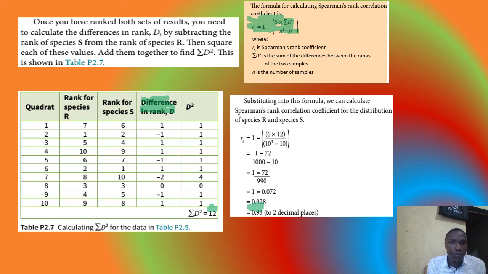After getting 12, we need to fit it in our formula, that is rs, the Spearman's rank coefficient, equal to 1 minus 6 times the summation of d squared, which is 12, over 10 cubed, where 10 is the number of quadrats that were thrown, minus 10, and the value which we are getting is 0.93. We can put it to 2 decimal places to be smart enough. Don't put very many figures, we only want 2 decimal places.